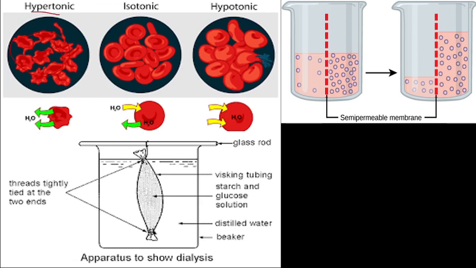Now I must let you know that somebody can die from drinking a large amount of water. You can die from drinking a large amount of water. And how would that be possible?